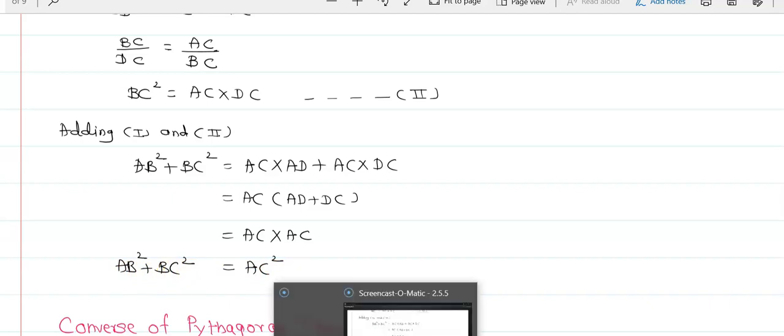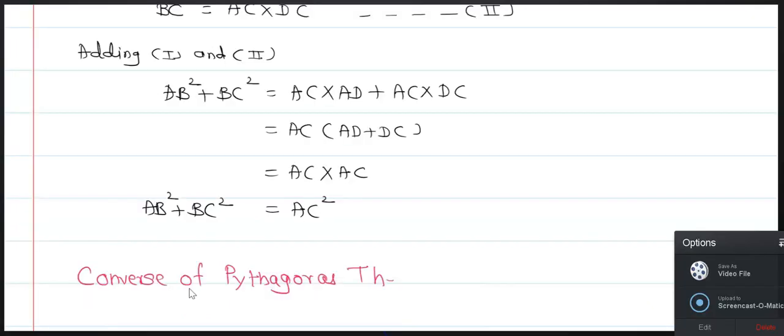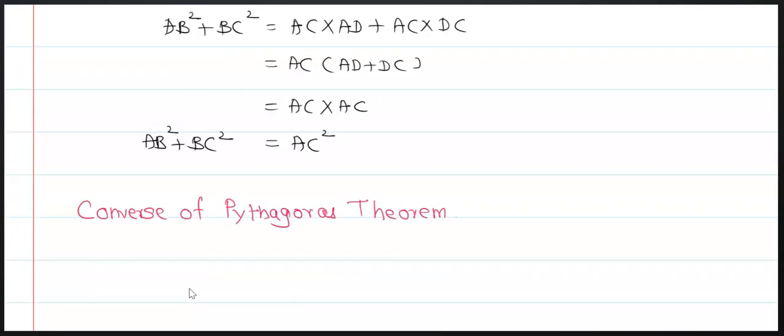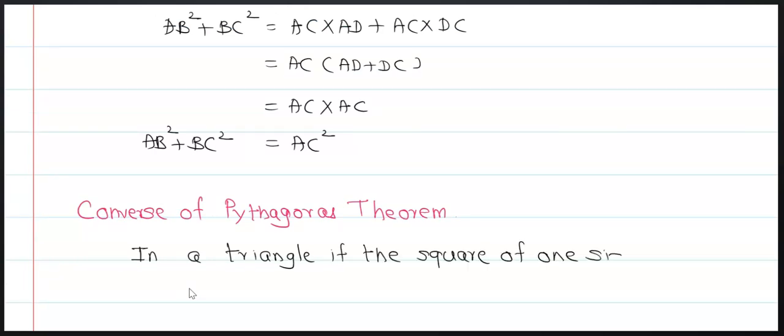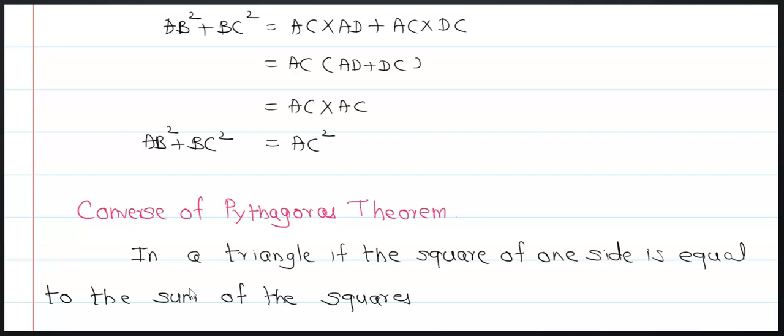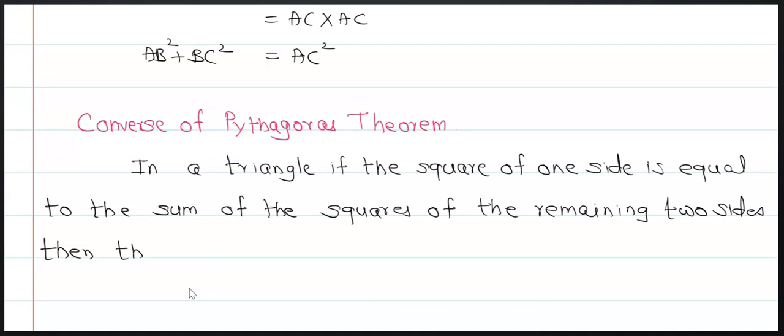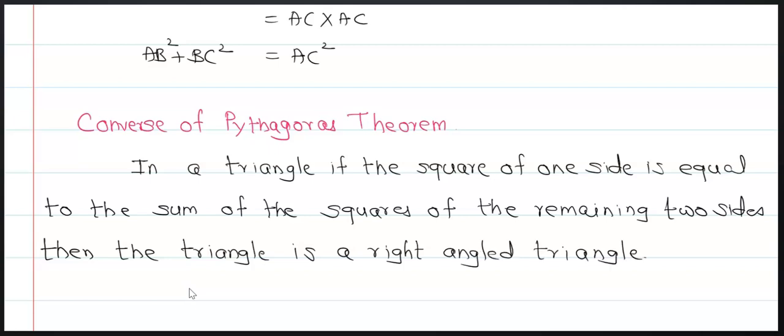Now we prove the converse of the Pythagoras theorem. Now see this here. What is happening in the converse? In a triangle, if the square of one side is equal to the sum of the squares of the remaining two sides, then the side opposite to it, then the triangle is a right angle triangle.